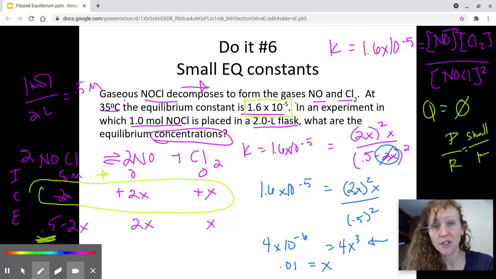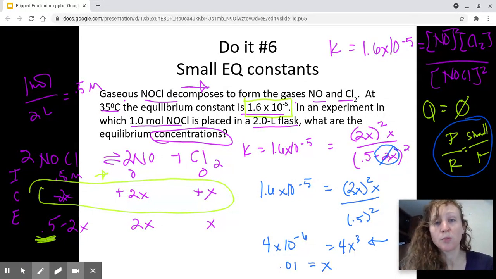When our K value is very small, then it tells us that our reaction is not going to shift towards products very much. At equilibrium, we're going to have a very small amount of products compared to the amount of reactants. Our reaction's not going to go forward very much, so we won't have very much of a change. That's the only time you can make this approximation.